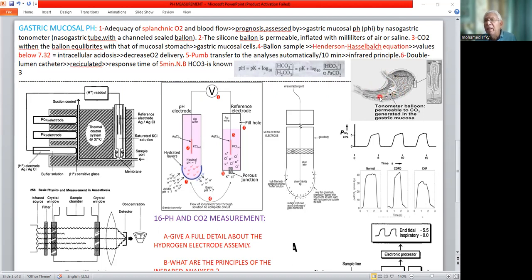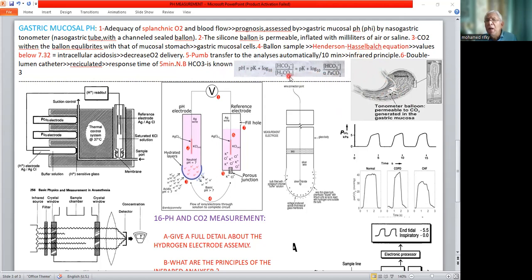Of course, whenever there is a shock patient, the splanchnic blood flow will be decreased, especially in the liver and the stomach, so whenever we place this balloon close to the mucous membrane, it will give me the gastric mucosal situation. So the CO2 in this balloon is equilibrated with what is present on the mucous membrane, and will be taken by the tubing system, especially if there is a pump for continuous measurement.